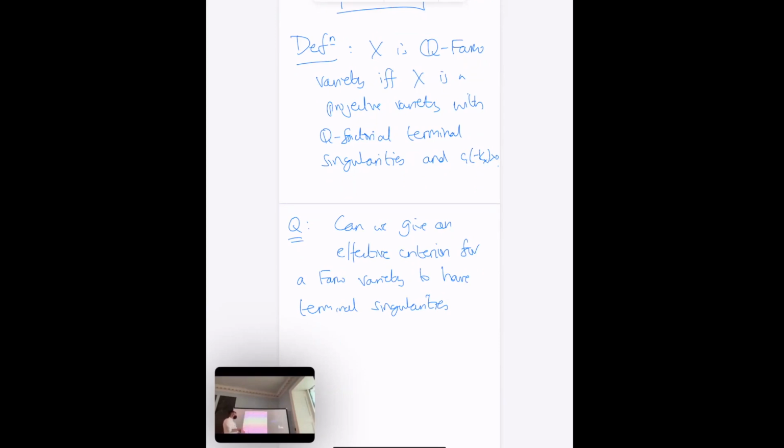You might say, why have I not got Q-factorial in the question as well? It just turns out that checking Q-factoriality in the context that we're about to be in is easy. So this is the interesting bit, or the hard bit.